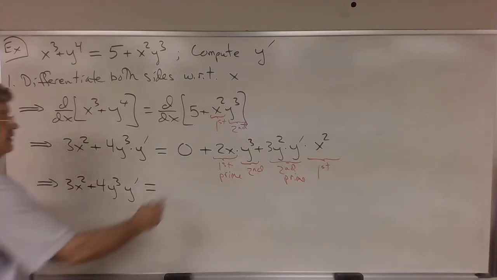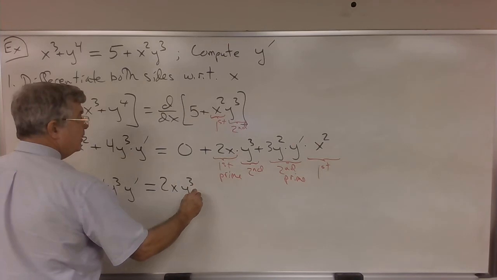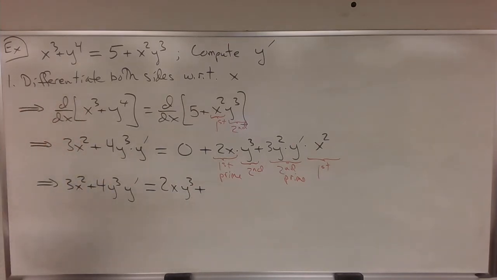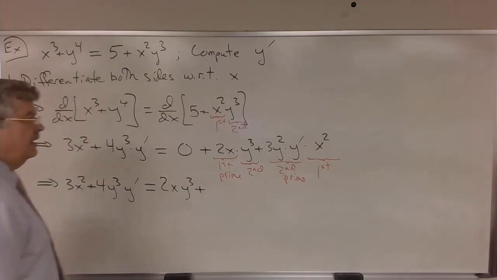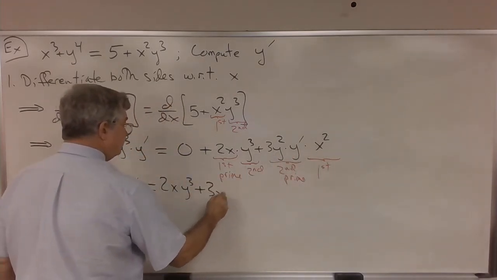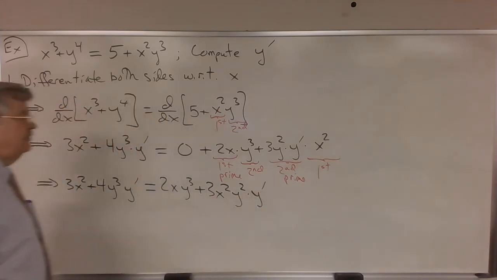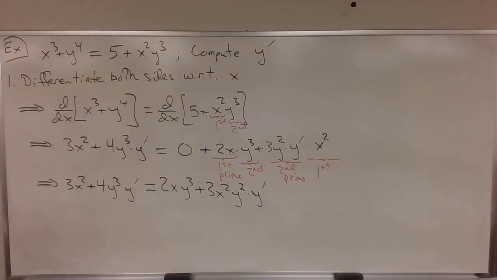And over here, 2xy cubed. And let me move that x squared right here. 3x squared y prime. Did I do that right? Yep, I think I'm good. Okay.